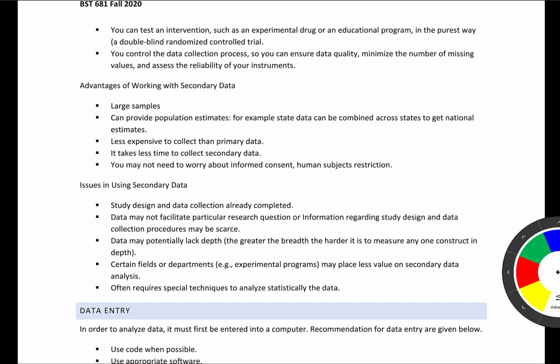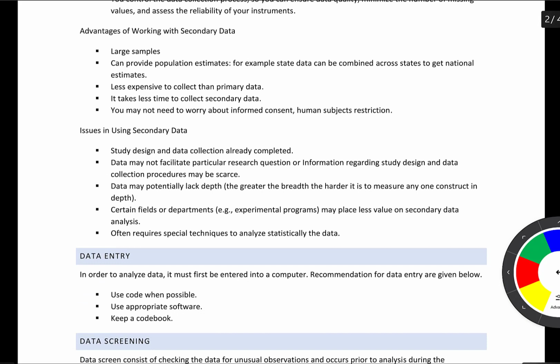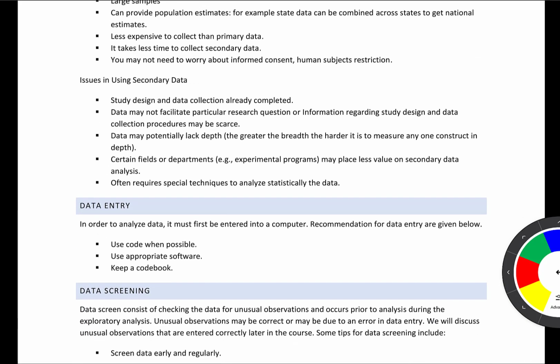So for example, state data can be combined across states to get national estimates. Again, it's less expensive, it takes less time, and you may not need to worry about informed consent. Whereas if you're working with primary data, you're almost always going to have to worry about getting informed consent from the subjects. But there are issues with secondary data.